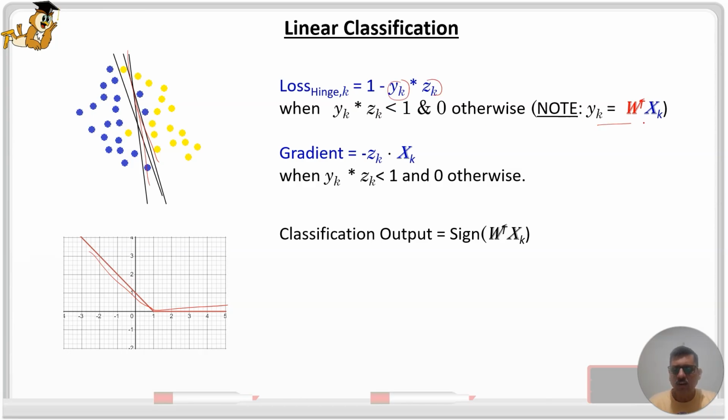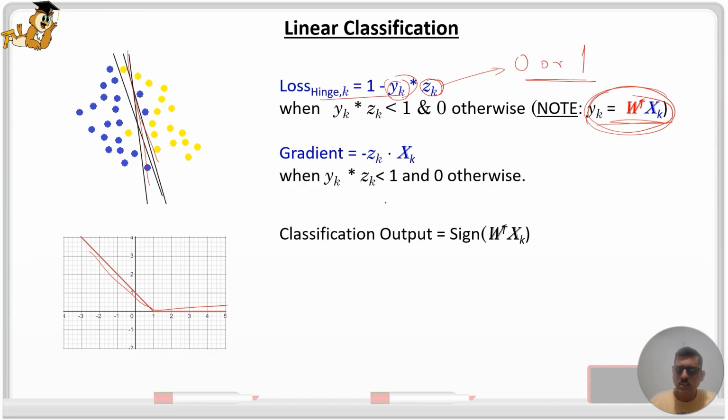Here yk was w transpose xk, the computed output, and zk was the observed output. This could be 0 or 1 depending upon what the training sample was classified as. So this is the observed output, this is the computed output. You defined your hinge loss in this manner.